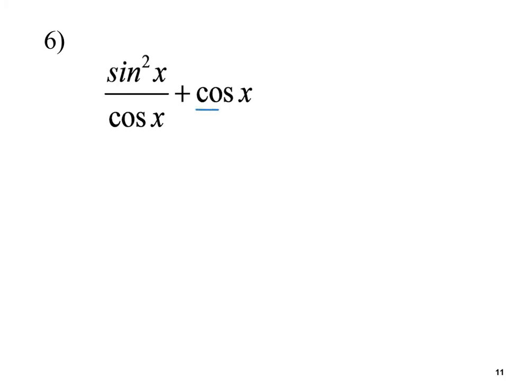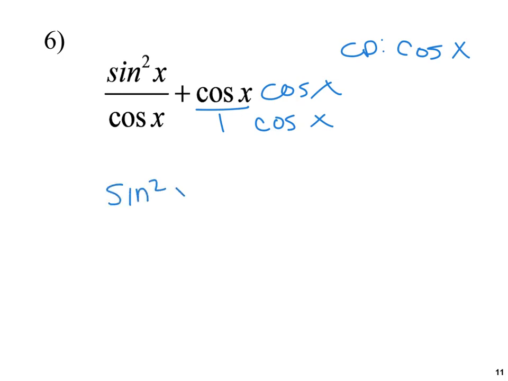But what I see is 2 fractions that need to be added. In order to add 2 fractions, you have to figure out the common denominator. Cosine of x is our common denominator, so I multiply the top and the bottom by cosine of x. So what I wind up with is sine squared x plus cosine squared x on the top, and the bottom is just plain old cosine.